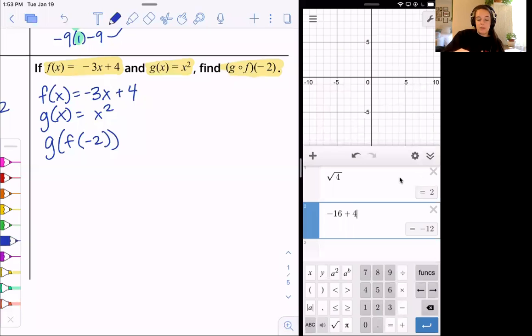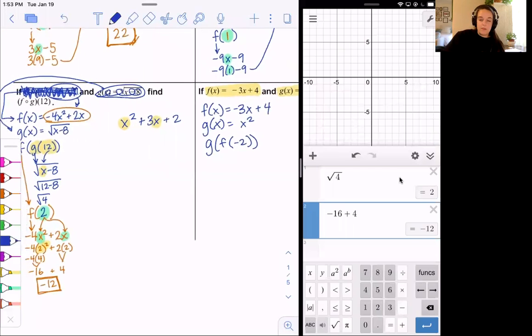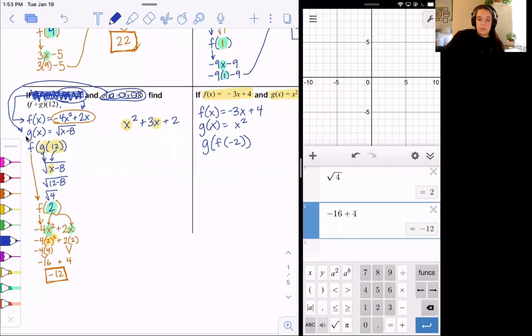Mia, in the example that I wrote on the last problem, the g of x would be this one. The g would be the one that says g of x. That's your g function. So it would be the square root of x minus 8 one.